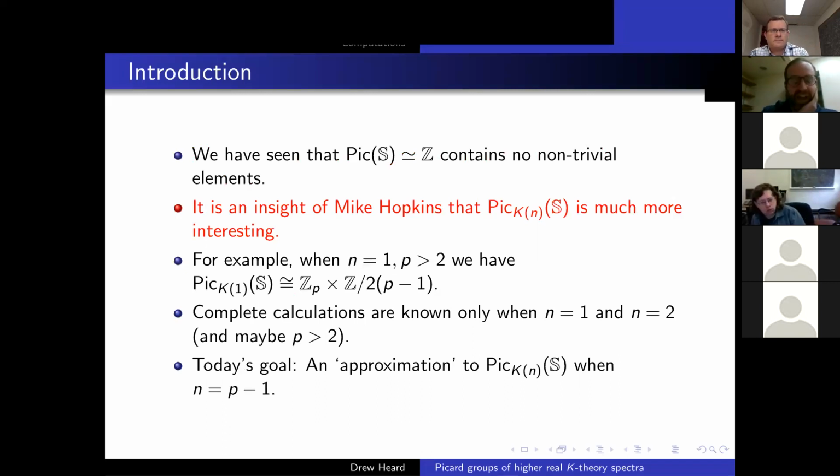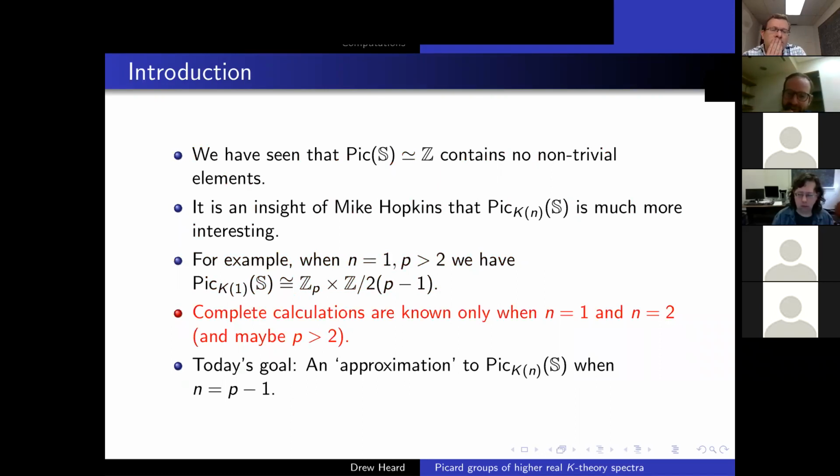For these K_n's, there's one for every n and every p, of course. There's no p in the notation, it's hiding there. You can see even when n equals 1 and the prime is bigger than 2, the Picard group really has this p-adic factor. These are sort of p-adic interpolations of spheres, if you like, generating this.